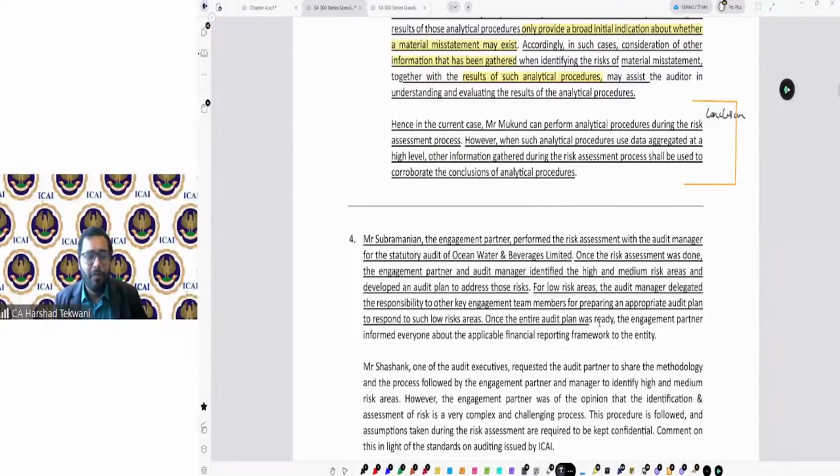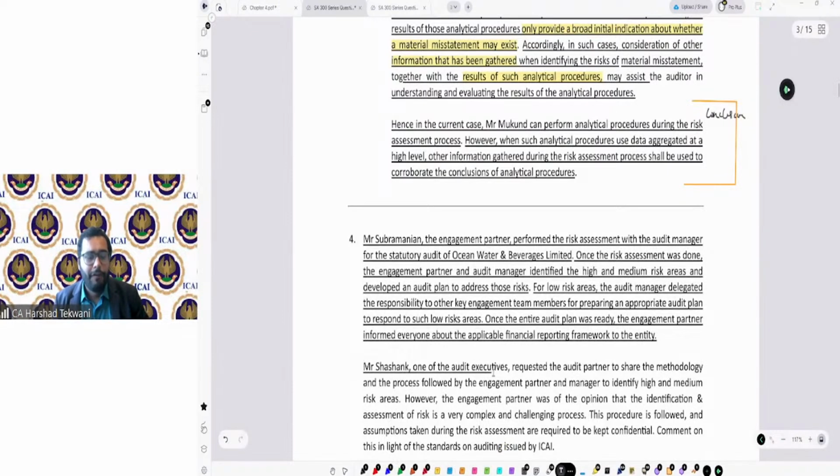Once the entire plan was ready, the engagement partner informed everyone about the applicable financial reporting framework to the entity.